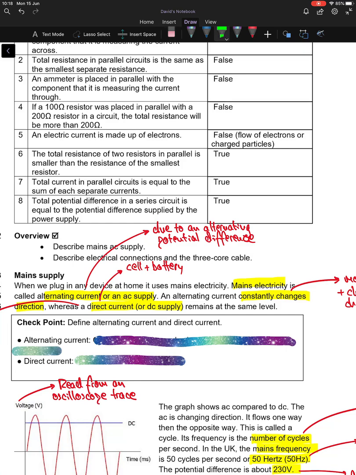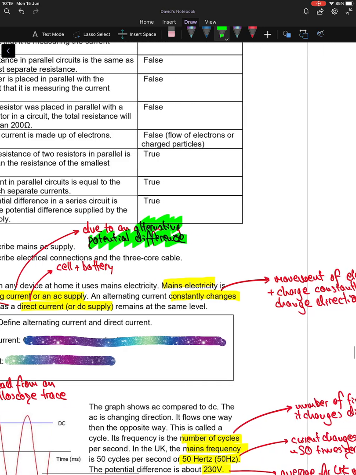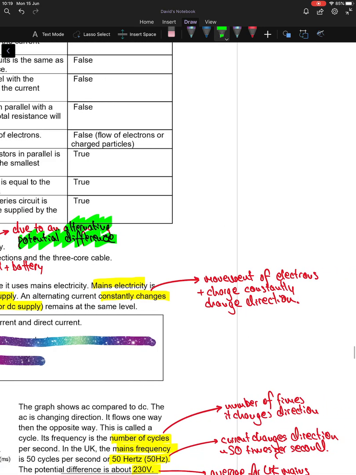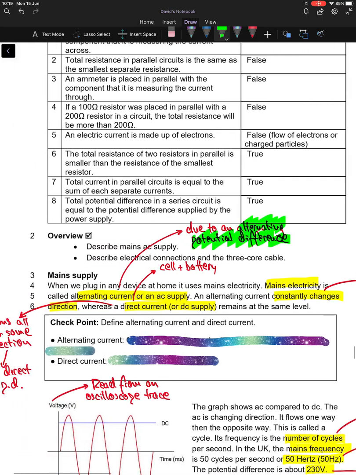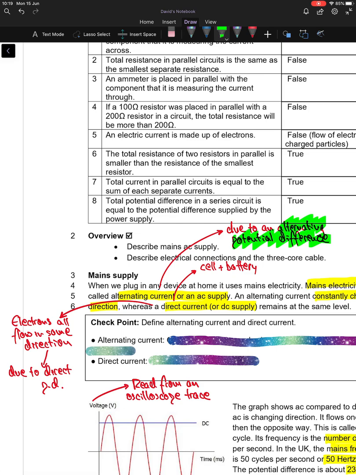So there's some annotations to add in here just to discuss our points. An alternating current occurs due to an alternating potential difference. That's important to know. Now, an alternating current constantly changes direction. What we mean by that is the movement of electrons constantly going backwards and forwards, constantly changing direction.